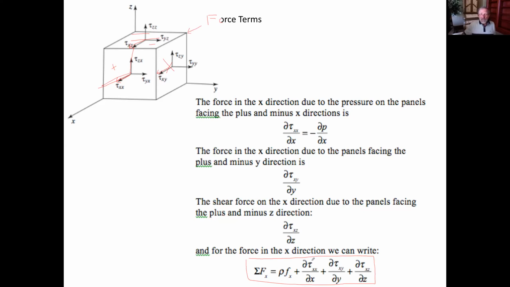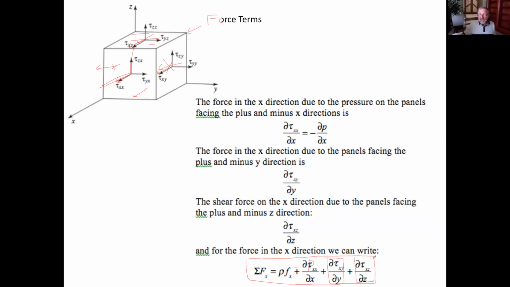It is this term. This actually should be P, and later on I'm going to replace that, and there's going to be a minus sign here, if you recall. And then in the x direction acting on the y surface, there is this force, and then the change on the other side, the net difference between the two, is that term. And then the net difference on the upper and the lower side is going to be this term.